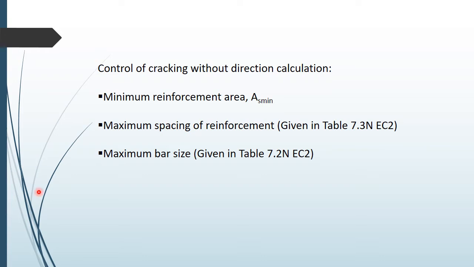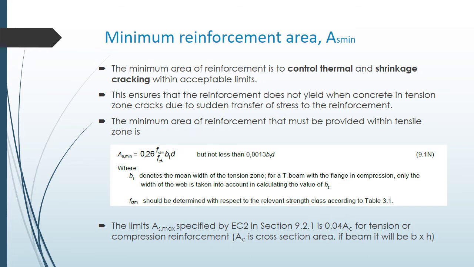We can also control cracks indirectly when we conduct the following checking. First is minimum reinforcement area, maximum spacing of reinforcement, and maximum bar size. The minimum area of reinforcement is to control thermal and shrinkage cracking within acceptable limits.